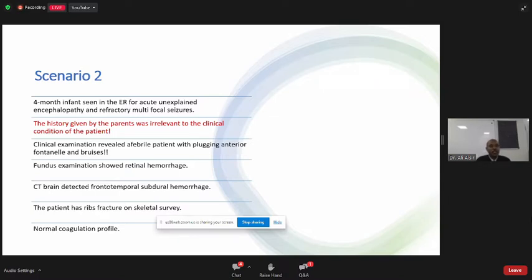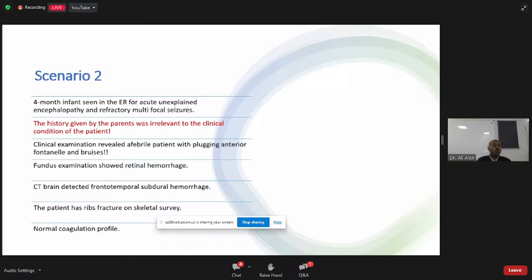Fundus examination showed some retinal hemorrhage, also supportive evidence towards that diagnosis. And CT brain done as an emergency showed frontotemporal subdural hemorrhage, also one of the supportive evidence for the diagnosis of non-accidental injury.